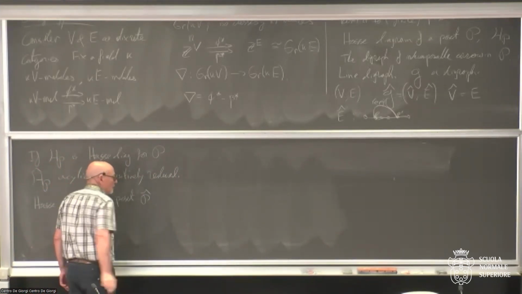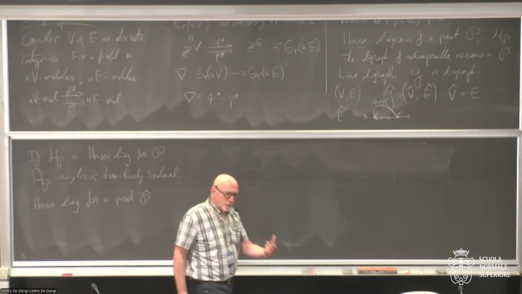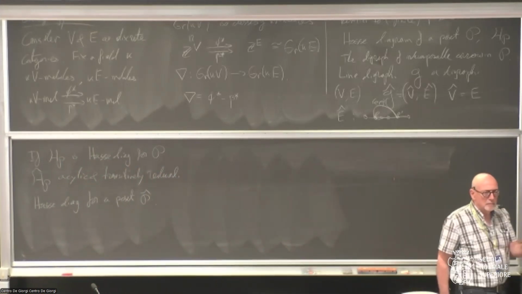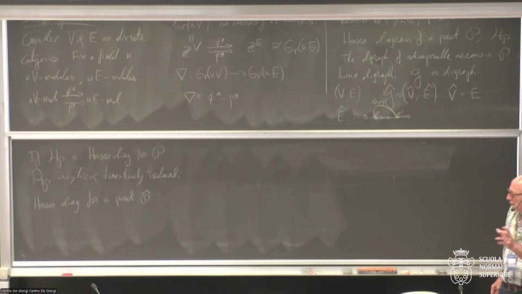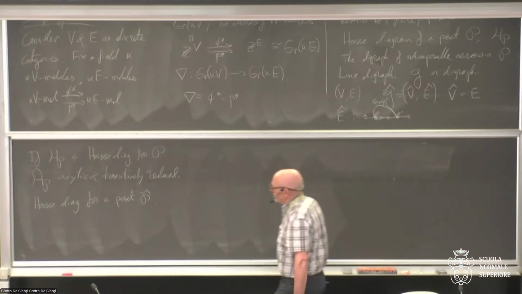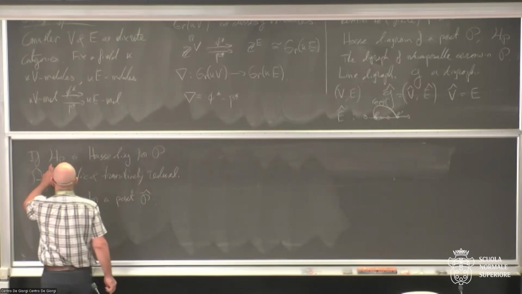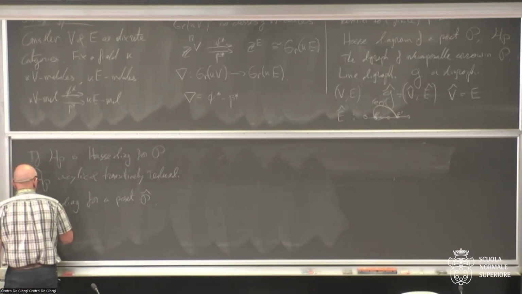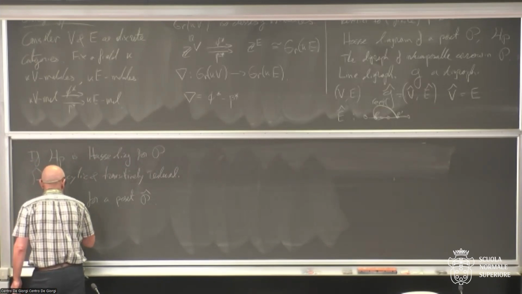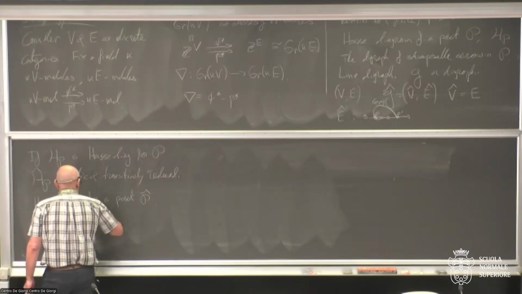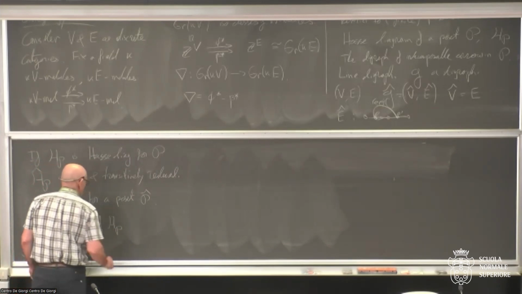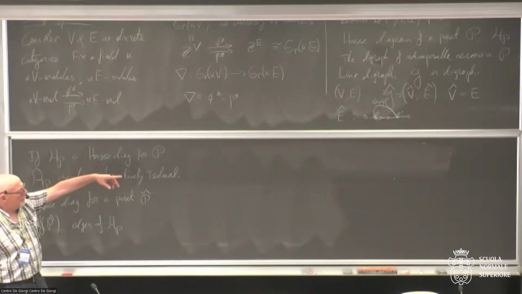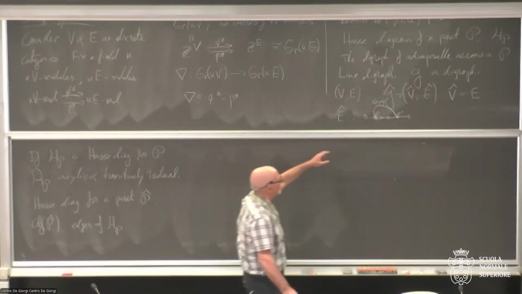P hat. What are the objects of P hat? The objects of P hat are the indecomposable edges in HP. Sorry, in P. Okay. The objects are the indecomposable edges, so the edges of HP. So the objects are the edges of HP, not of P, of HP. Okay, and then the morphisms are the compositions of things like that.